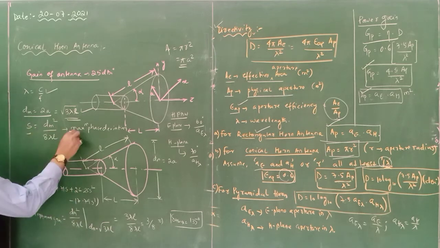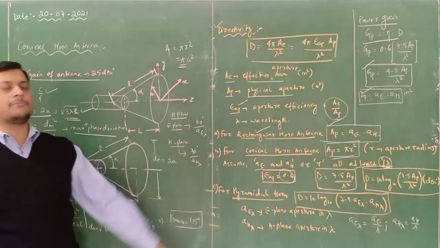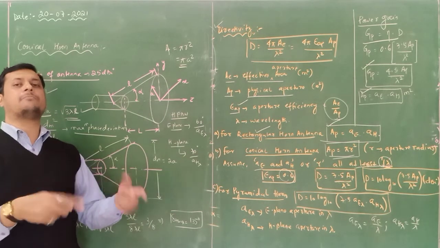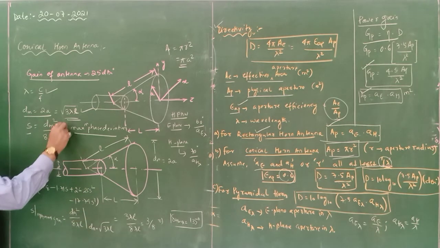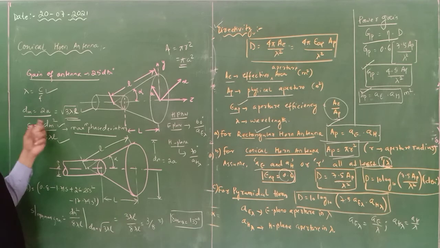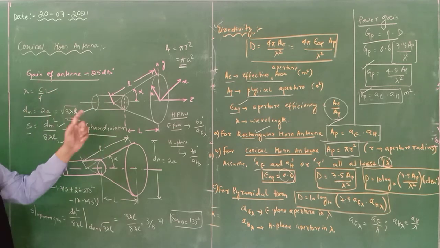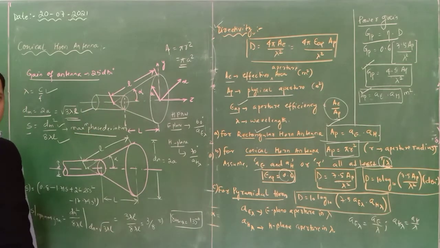Here S is called the maximum phase deviation. When the waves come out from this horn antenna, the phase may change. The maximum deviation is not more than dm square by 8 lambda L. What is dm? It is the maximum diameter of this conical horn antenna.